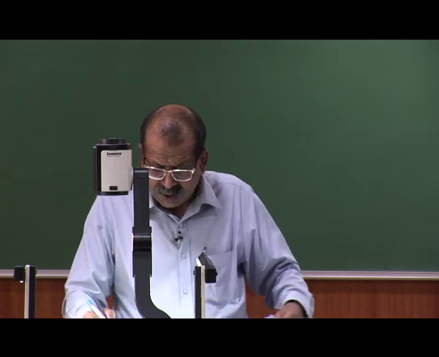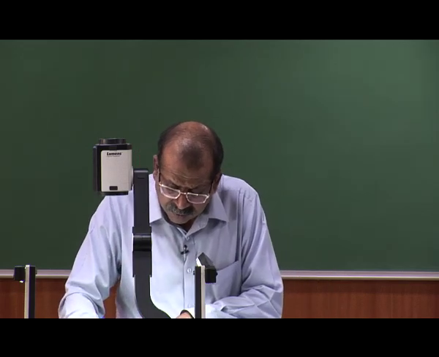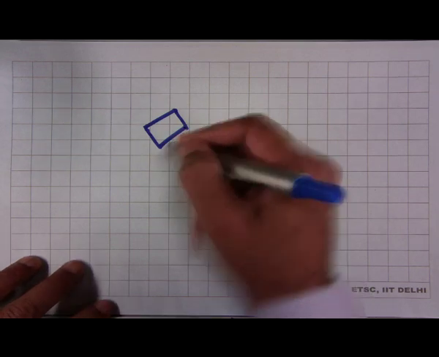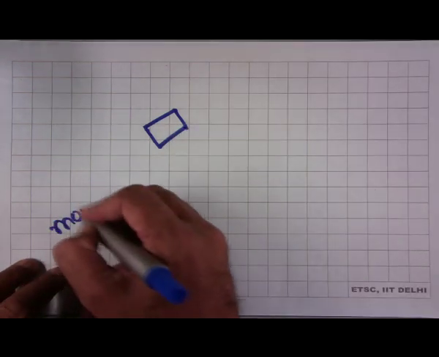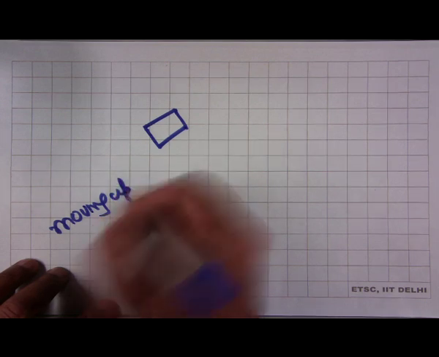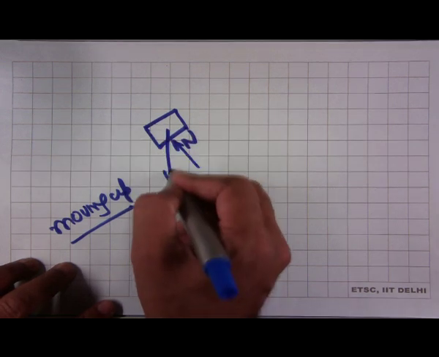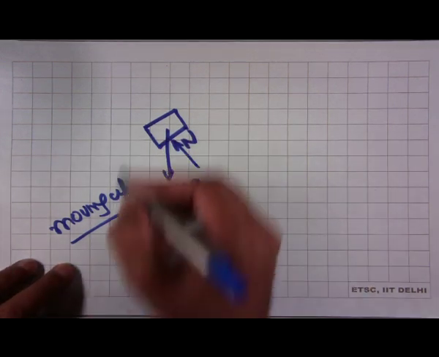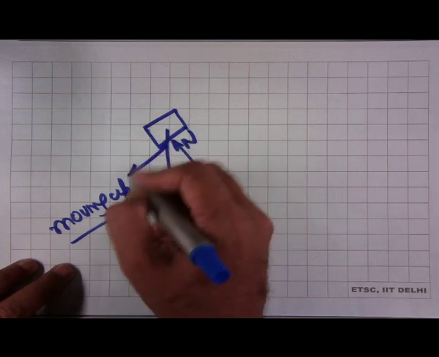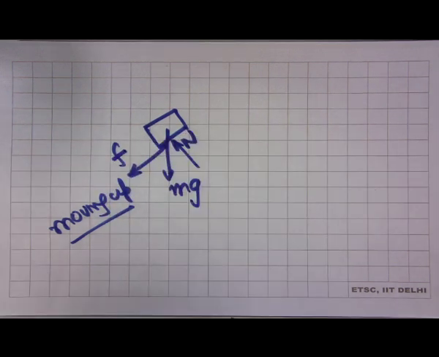So, when I draw the free body diagram of the block, let us look at the block moving up: there is normal reaction, there is weight and there is a friction force. These are the only 3 forces acting on the block.